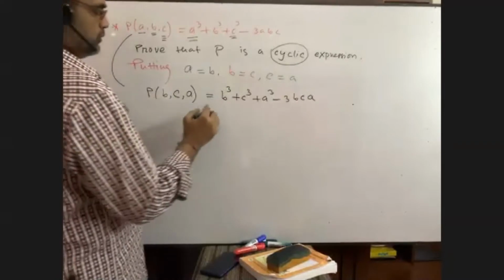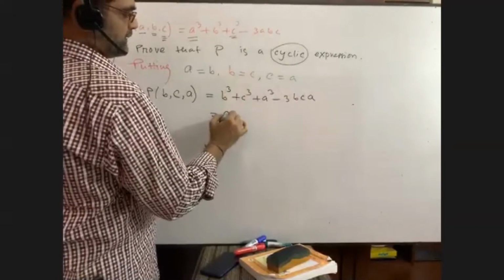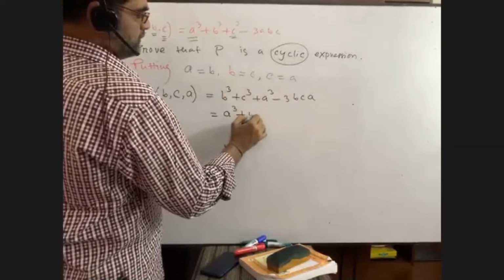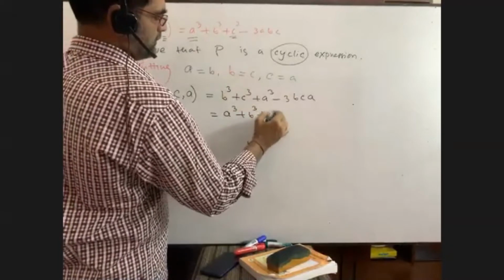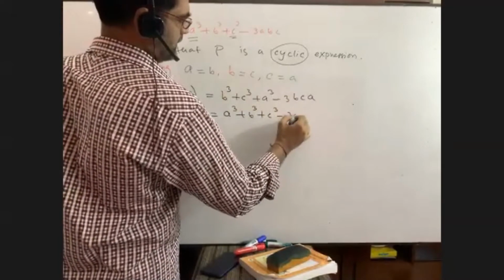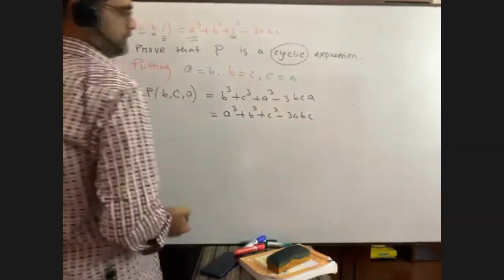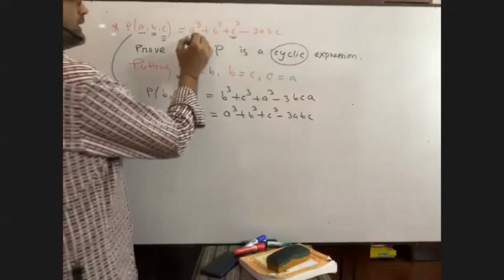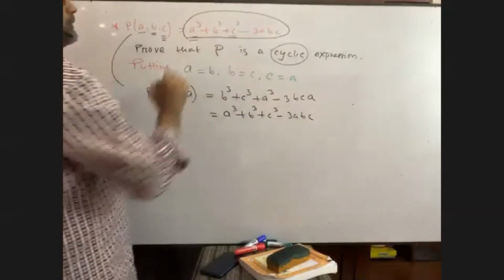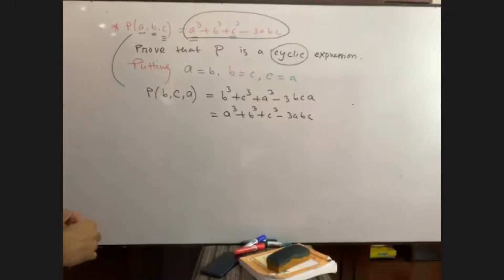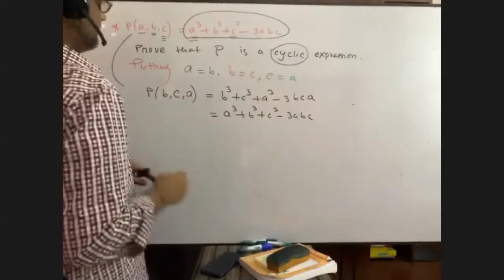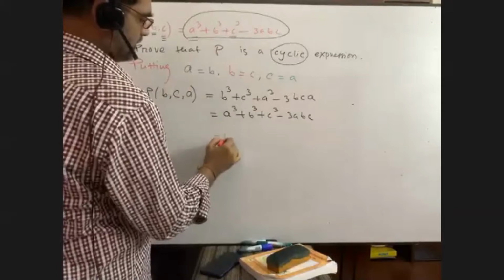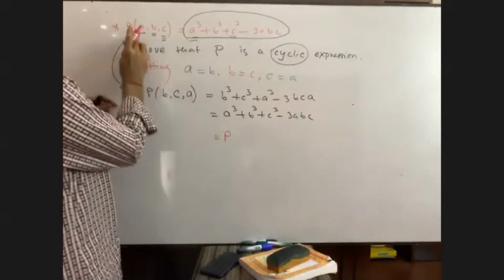Now by rearranging we get A cube, B cube, C cube minus 3 ABC, right? And you see we are getting the same, which is equal to what is given in the question, P of ABC.